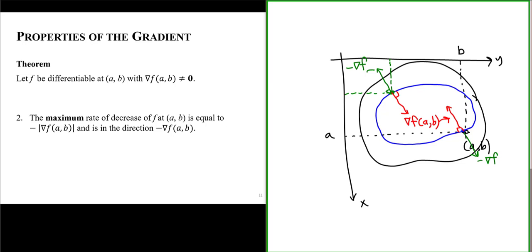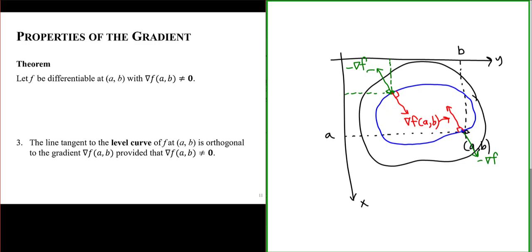A third property that is very useful to know is that the line tangent to the level curve of our function at the point (a, b) is orthogonal to the gradient of our function, provided that the gradient of our function is not 0. So in this picture, if we look at the point (a, b) and we evaluate the line tangent to the level curve at that point, this line right here, that line is orthogonal to the gradient of our function.